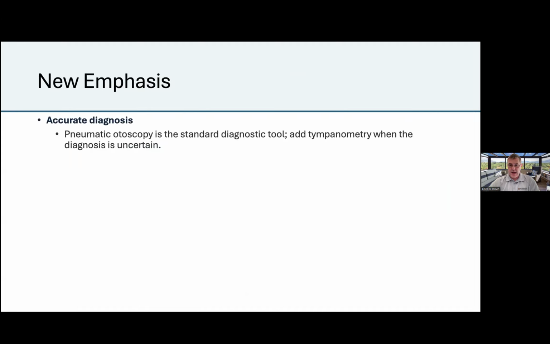This diagnosis came with a new emphasis in the guidelines that the use of pneumatics to evaluate the tympanic membrane is vital to the diagnosis of acute otitis media.